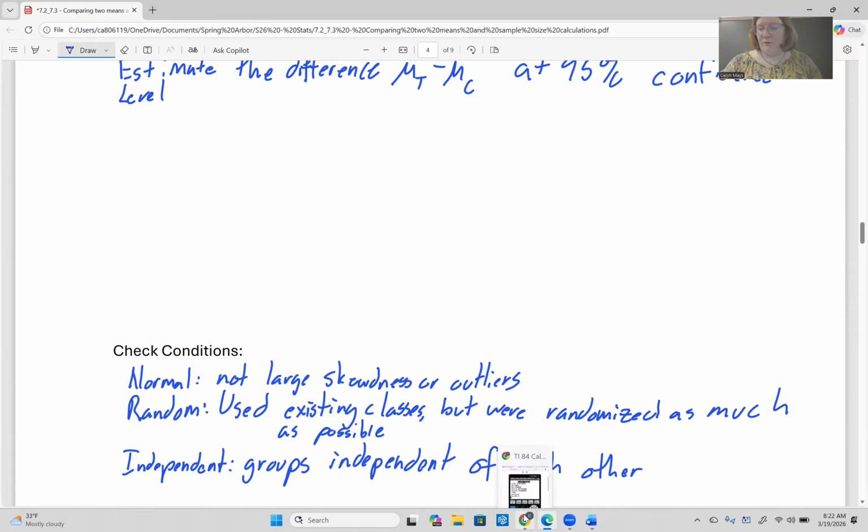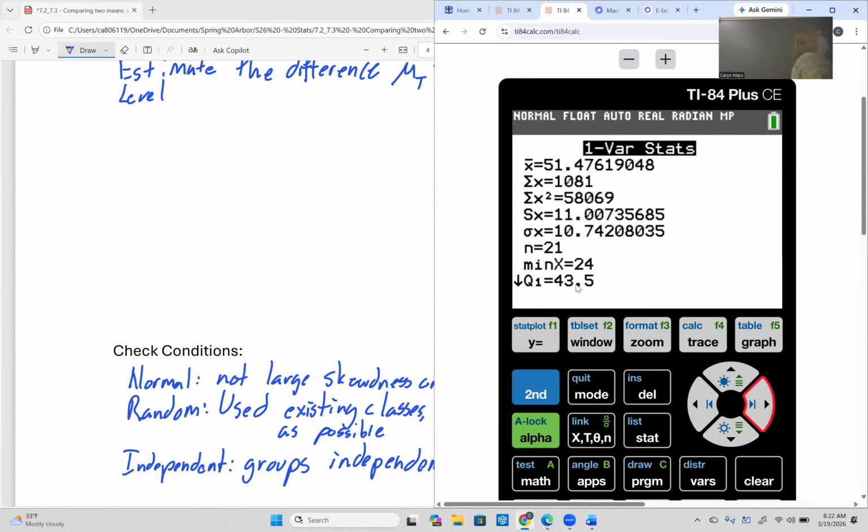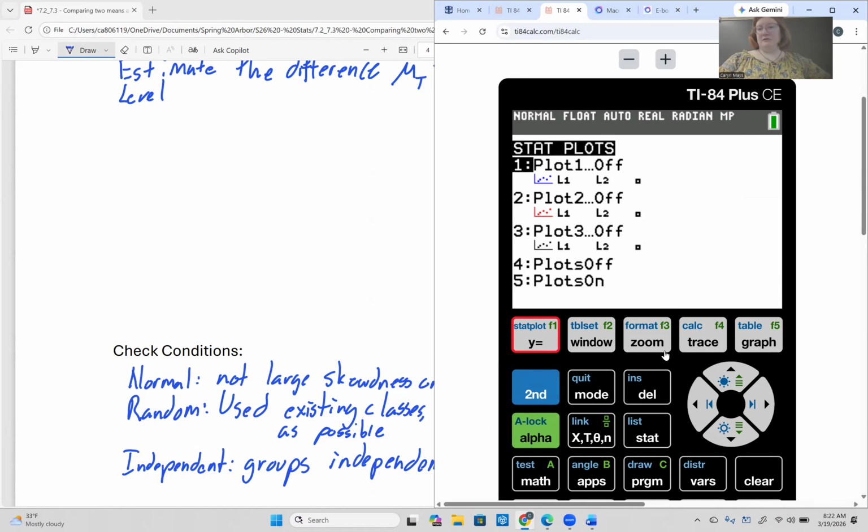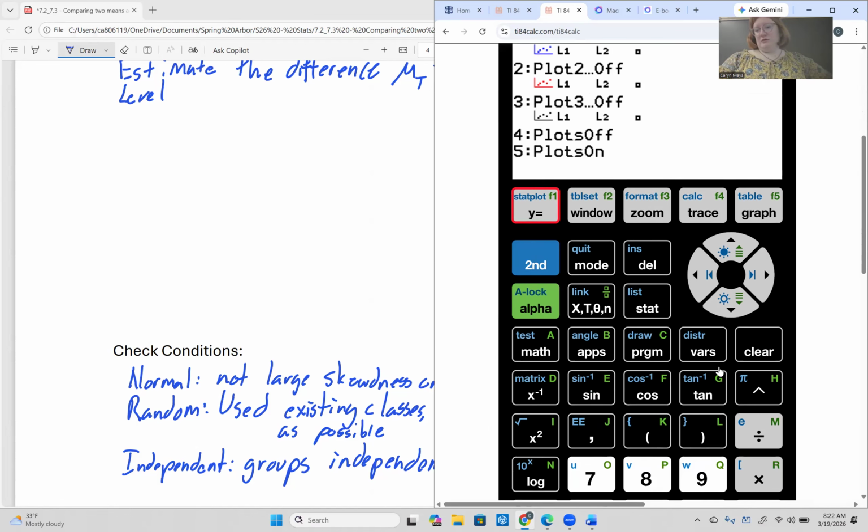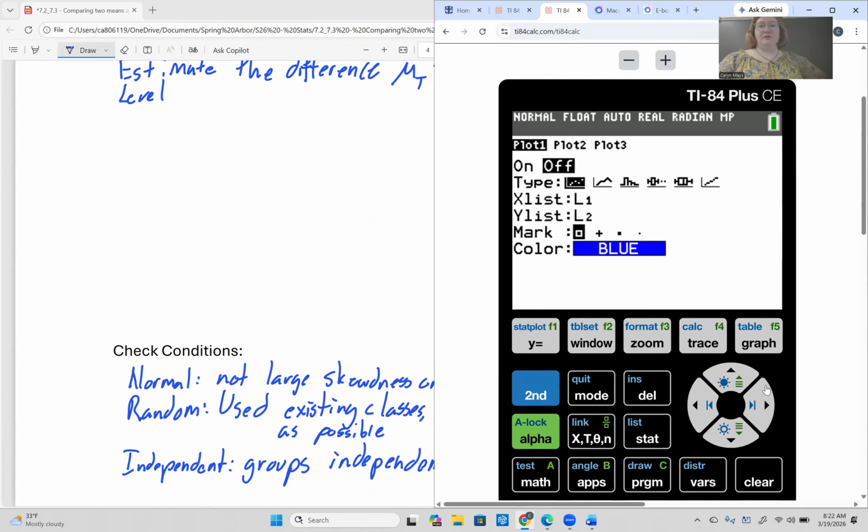And another way we can check normality is looking at the normal quantile plot, which for the most part I think I've only shown in class, but on that calculator, how do we find the normal quantile? We can find that normal quantile plot by going to second stat plot and going to plot one, enter.